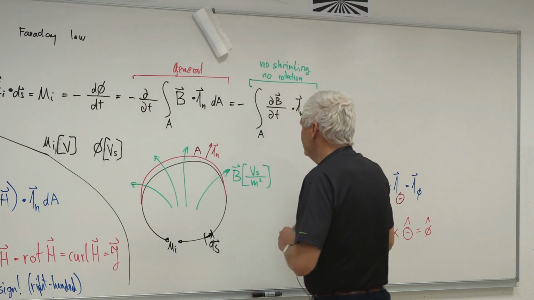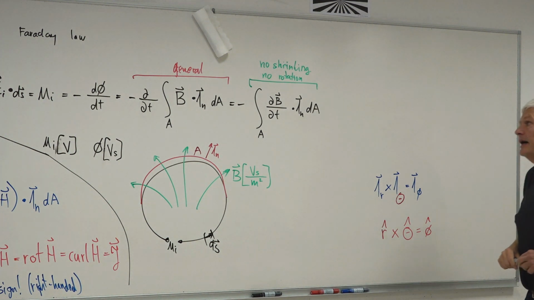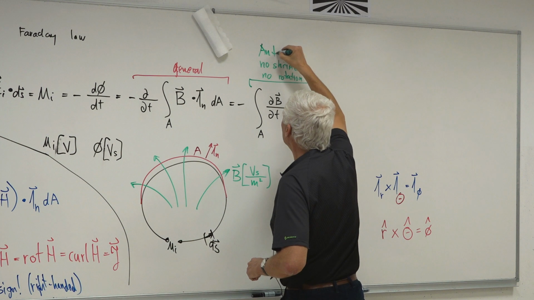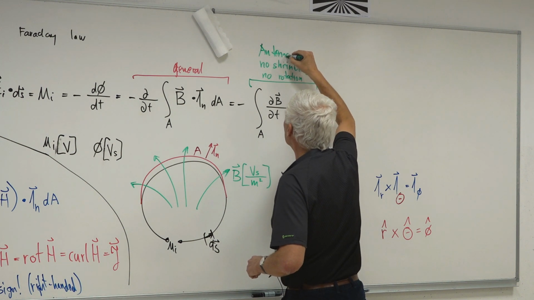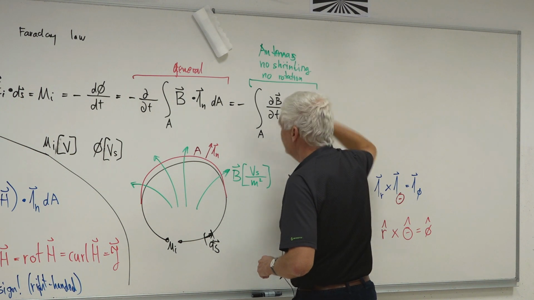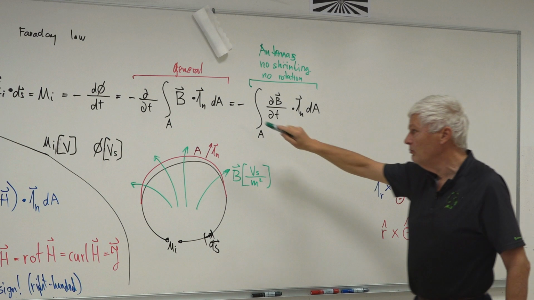So the derivative does not work on the dot, the derivative does not work on A. And this is actually the case with antennas. With antennas, things are very fast, so we cannot have mechanical changes. But we should remember where this comes from.